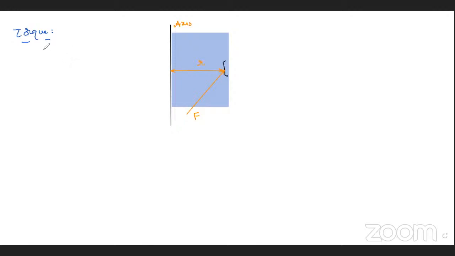Then the product of force and the perpendicular distance from the axis to the force. So here torque is defined as the product of the force applied and the perpendicular distance from the axis.